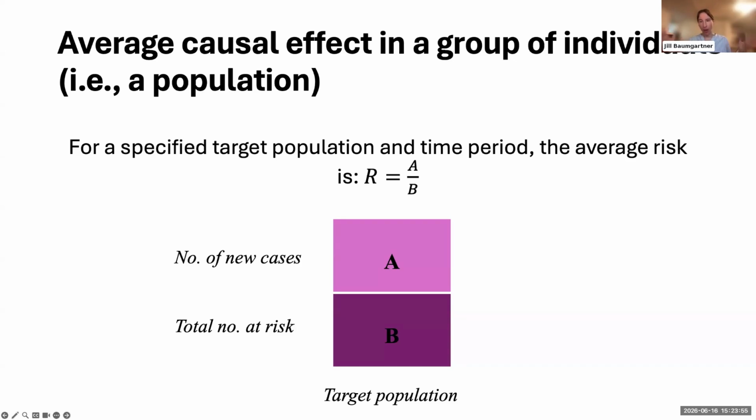So you have your target population, you follow them over a period of time, and some people develop the outcome. So that's the number of new cases, or A, over the number of people that were at risk for a given time period.